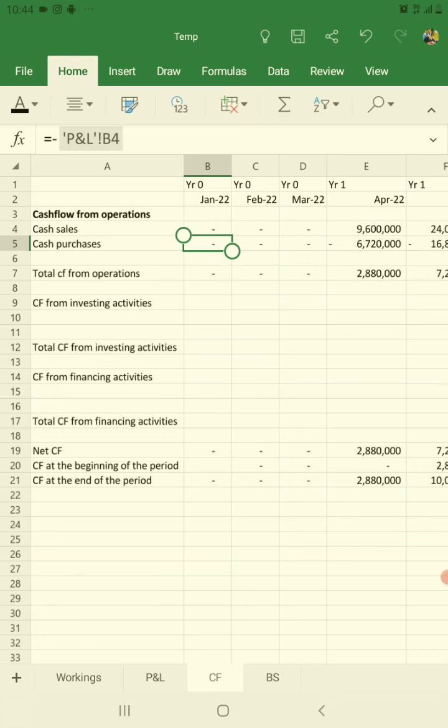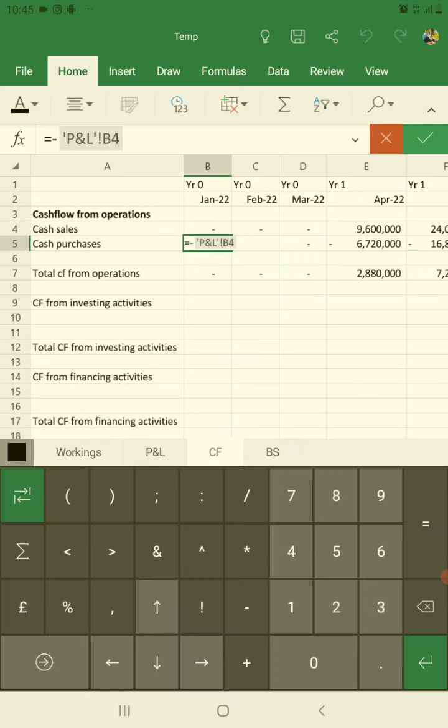So I put an equal sign, let me edit here. Oh, sorry, it has not taken off the earlier one.